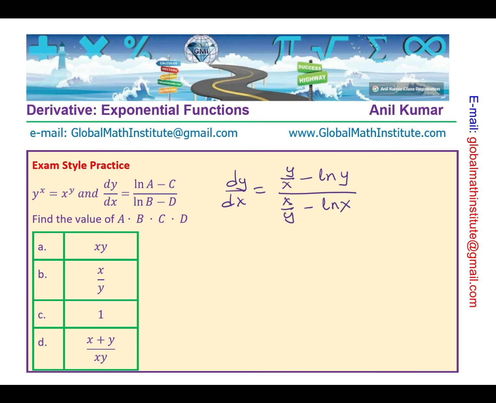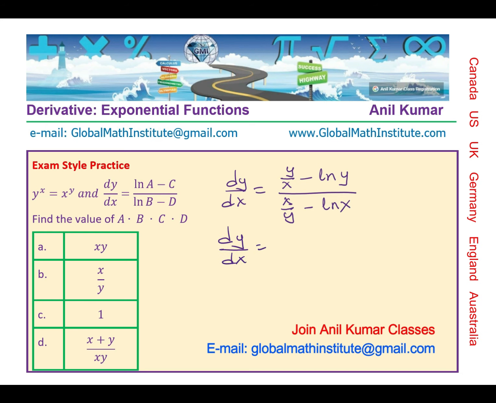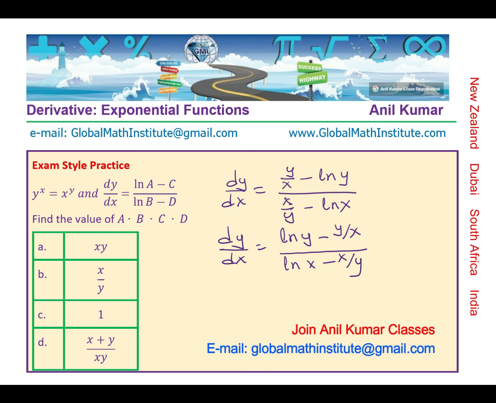And this is also the same as, if I multiply by minus both sides, I could rearrange and write it as (ln y minus y over x) over (ln x minus x over y).